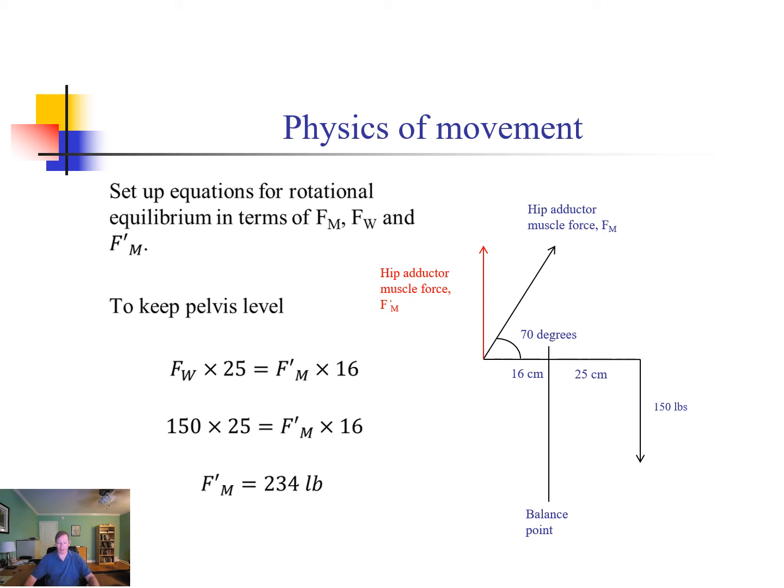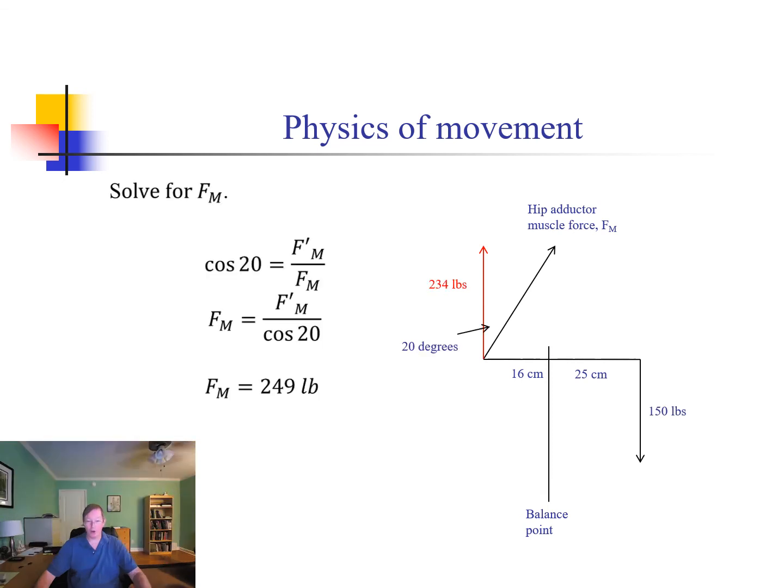If I calculate that, what I find is a force upwards that is 234 if I weigh about 150 pounds with those measurements, or the muscles going backwards exerting about 249 pounds of force.